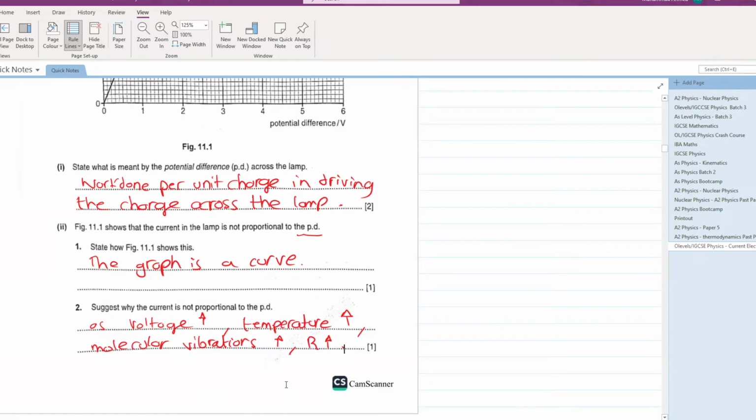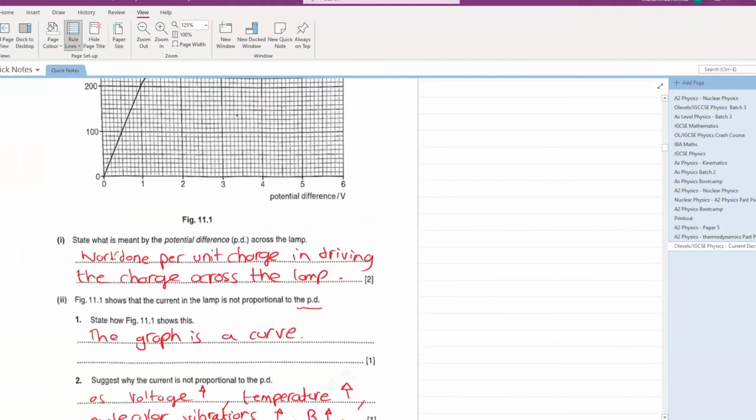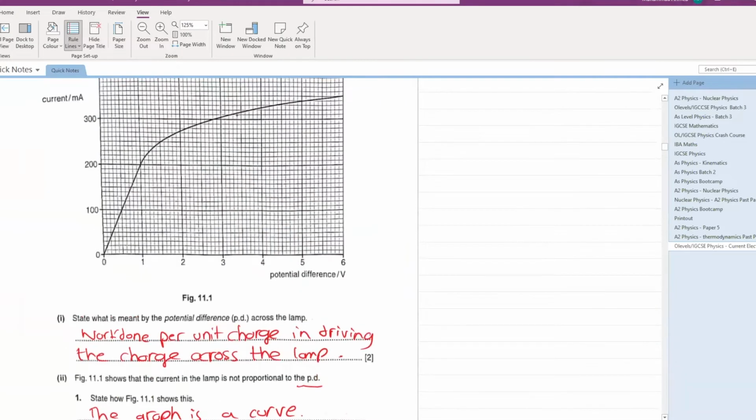Let's further move ahead. Lamp is at normal brightness and there is a potential difference of 6 volts across the lamp. Use figure 11.1 to find the current in the lamp. Very, very easy. You will go here and at 6 volts you have this as your current. So let's extend this line. Yeah, this is your current at 6 volts.